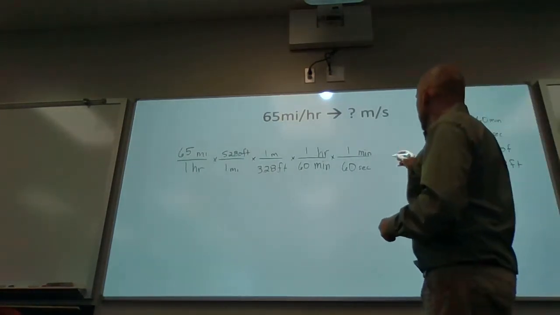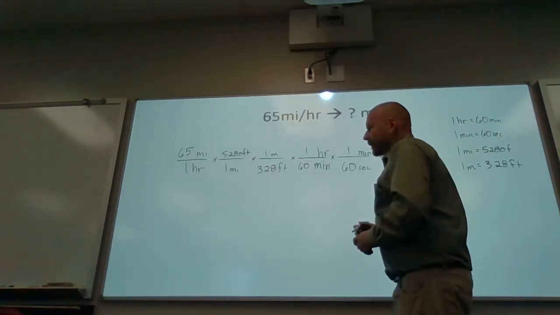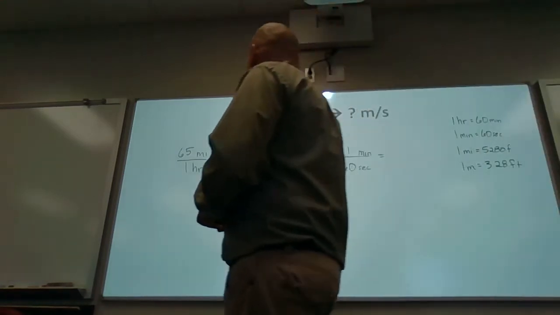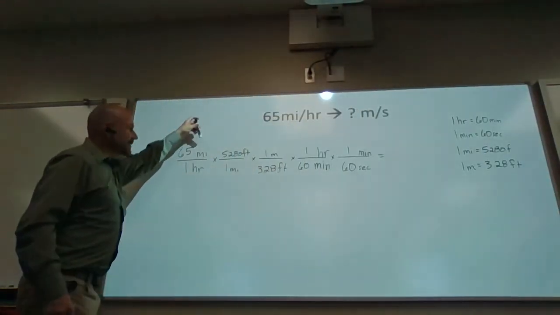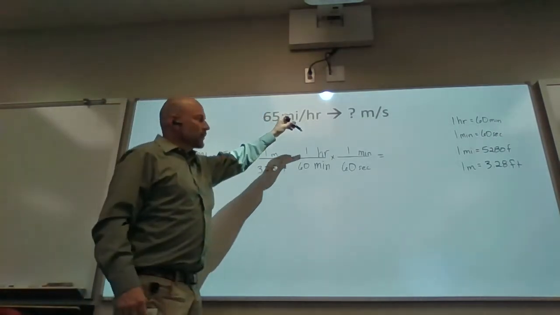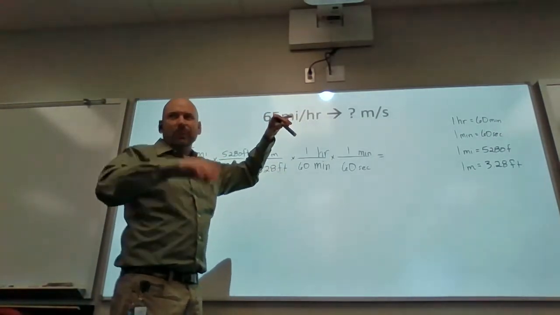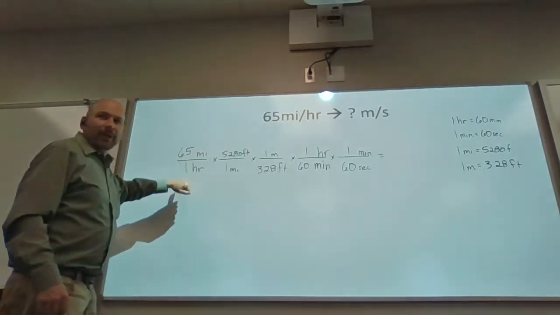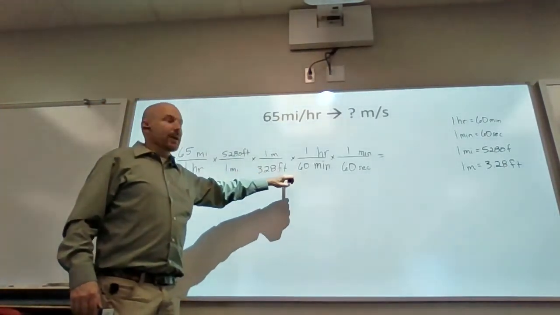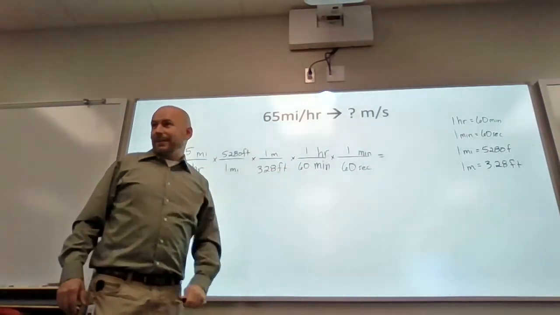So you can do this a couple different ways on your calculator, and I'll show you one very popular wrong way so that you don't do that. You can say 65 times 5,280 times 1 times 1 times 1, divided by 1, divided by 1, divided by 3.28, divided by 60, divided by 60.